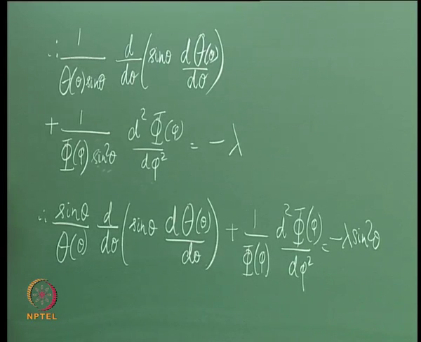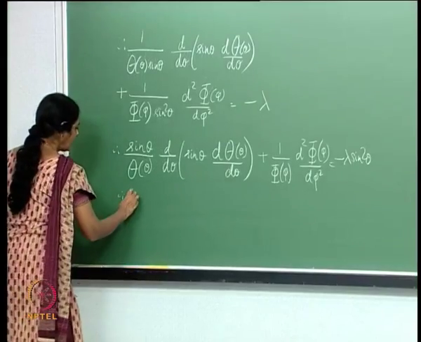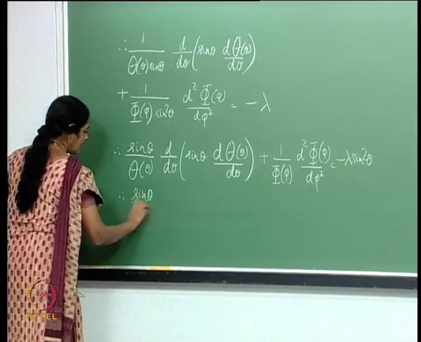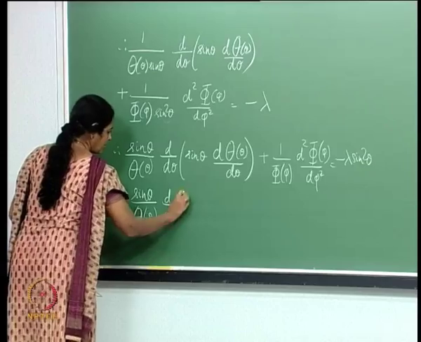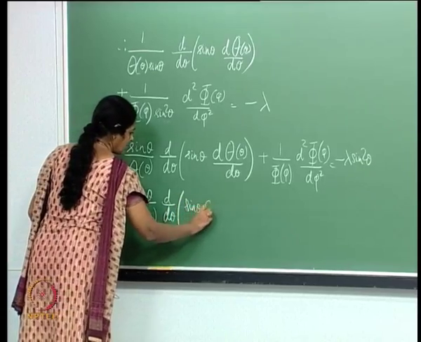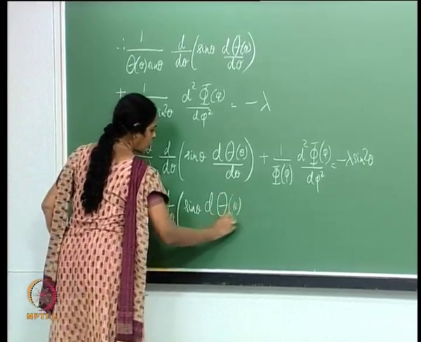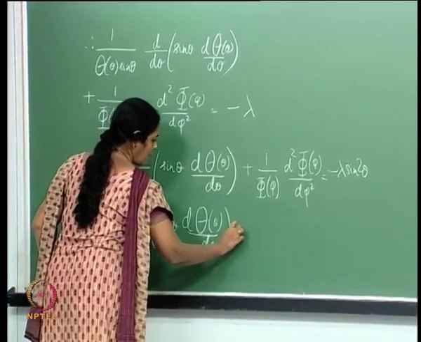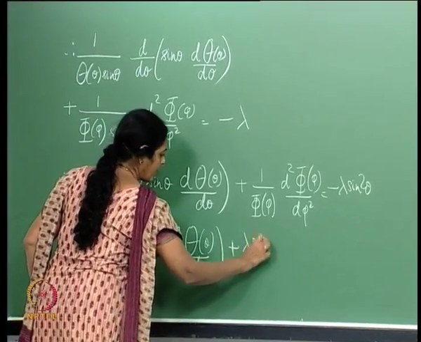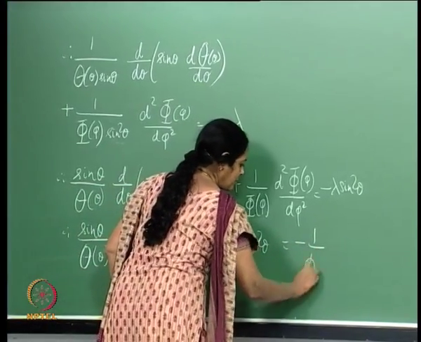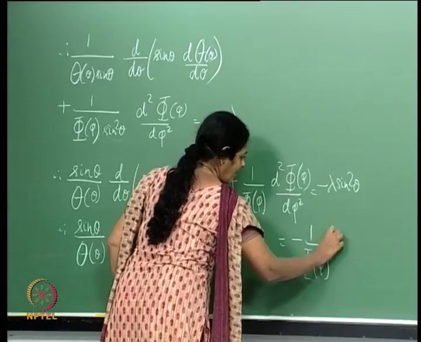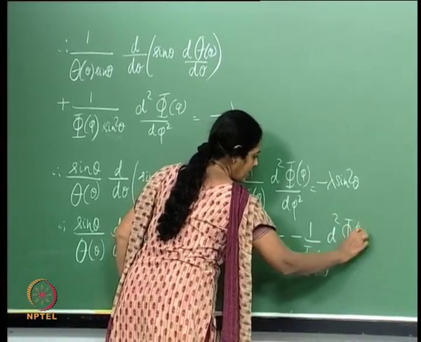I can make this better. I can pull the lambda to this side, and therefore I will have the following equation: plus lambda sine squared theta, because I have got it to this side, is minus 1 by phi of phi d2 phi of phi by d phi squared.